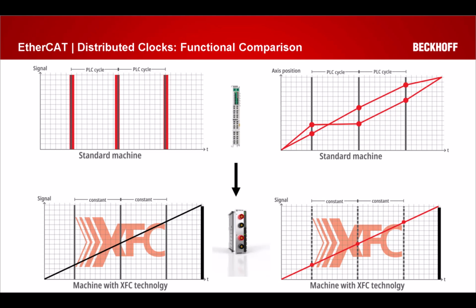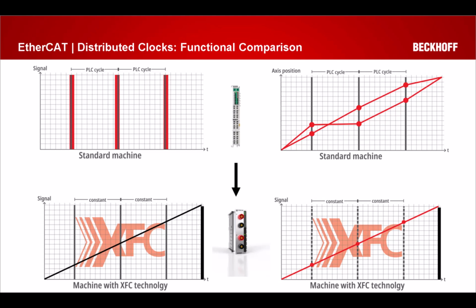And a little bit closer look, if we're doing a comparison, on the top we have a standard analog measurement terminal. And we can see that from cycle to cycle there's an obvious impact on jitter and stability, as this would be driving, say, positioning for a motion application.